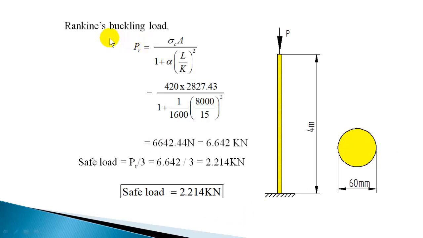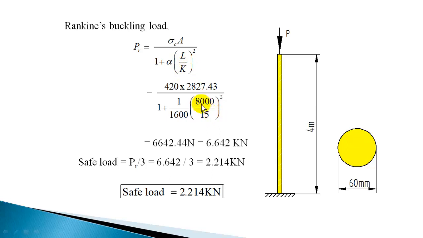Now you can calculate the slenderness ratio as L by K. We'll substitute it here. Now the Rankine's buckling load PR is equal to sigma CA divided by 1 plus alpha into L by K square. Sigma C is given as 420 megapascal. Area of cross section we have calculated, you can substitute it. And alpha is given, you can substitute directly.